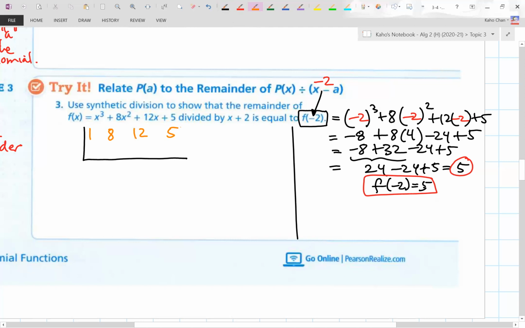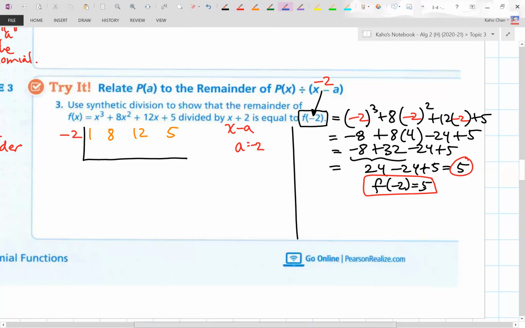My divisor is x plus 2. A has to be the opposite of plus 2, in this case minus 2. Think about it: x minus minus 2 will give you back your x plus 2. Therefore, A is negative 2. Put the negative 2 over here.